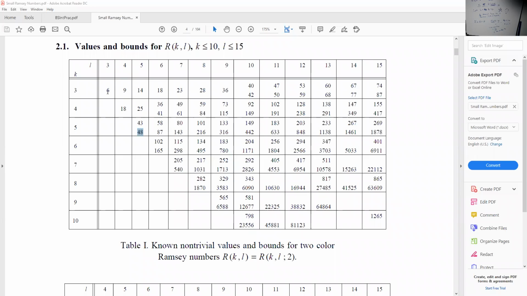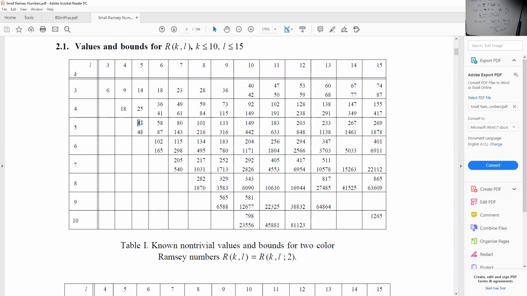The 3-4 number and the 4-3 number are both 9 because they're symmetric. It doesn't matter which order you put a Ramsey number in. And so the Ramsey 4-4 number we know is 18, but from that inequality we know that it has to be less than or equal to 9 plus 9.